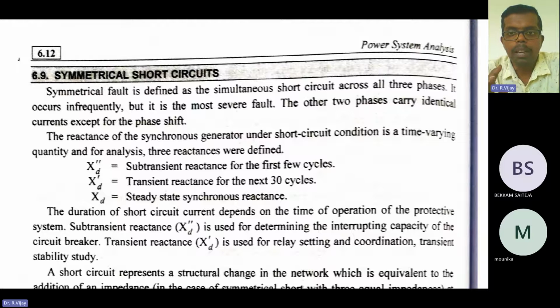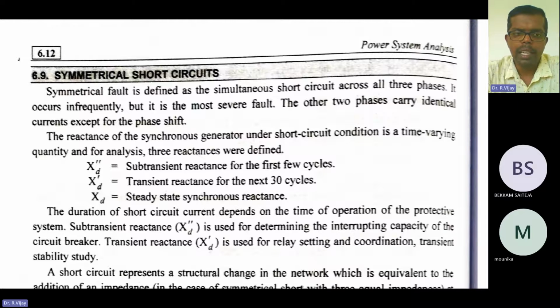Say, for example, there is a transmission tower, or a distribution transmission line of 11 kilovolt or 33 kilovolt, and one tree is near that pole. That tree falls onto the line, and all three phases get damaged, touch each other, and touch the ground.